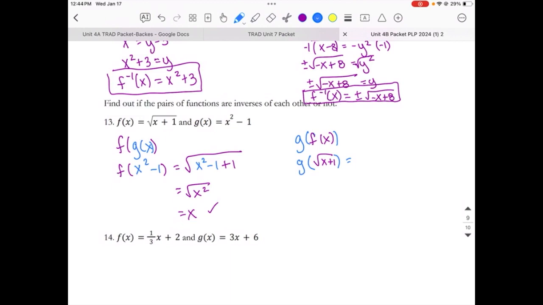And show that we get x squared, square root of x plus 1, squared minus 1. The square root cancels the square, and we get x plus 1 minus 1, which is just x. So yes, they are inverses.